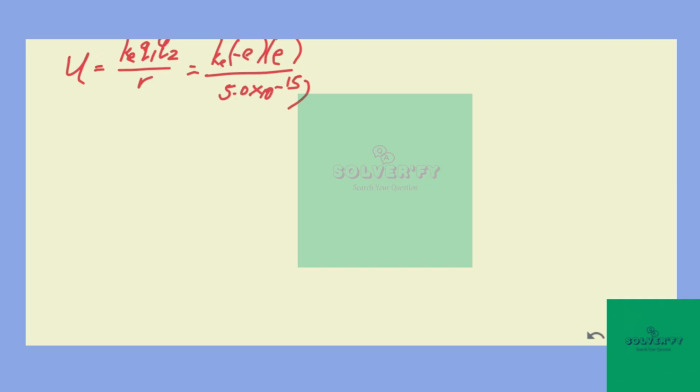So this Coulomb potential energy is Ke Q1 Q2 over r. In this case, Q1, the charge of the electron, is negative e, and the charge of the proton is positive e. For the distance, we're going to use 5 times 10 to the power minus 15. Ke is just the constant 1 over 4 pi epsilon naught, so we substitute in 8.99 times 10 to the power 9.